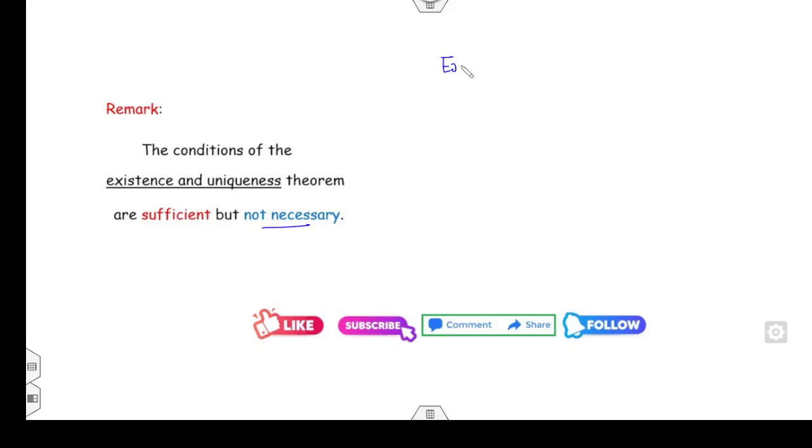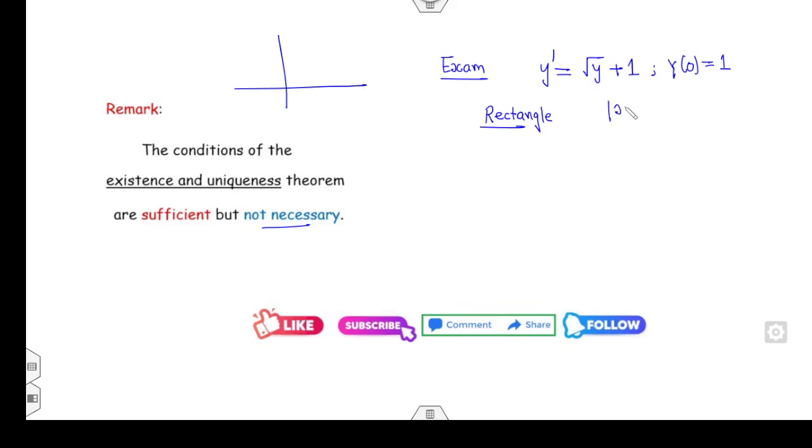For example, if you consider y dash is root of y plus 1 and your initial value is y of 0 is 1, can you define the rectangle? Your rectangle will be |x minus x naught|, where x naught is 0, less than or equal to a, and |y minus y naught| less than or equal to b.